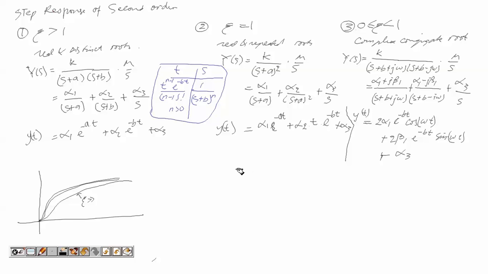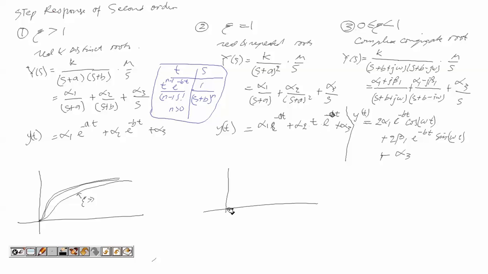Okay, so for the second case, the step response of second order y(t) is as shown. Sorry, this one is actually a, so (s plus a) squared, so this one is a, not b.